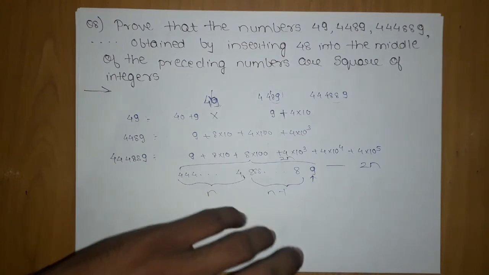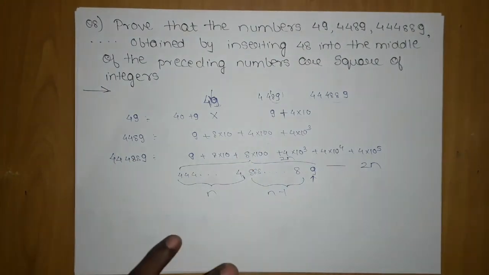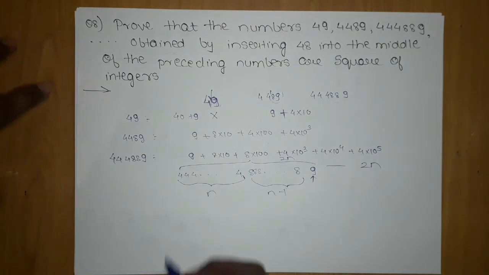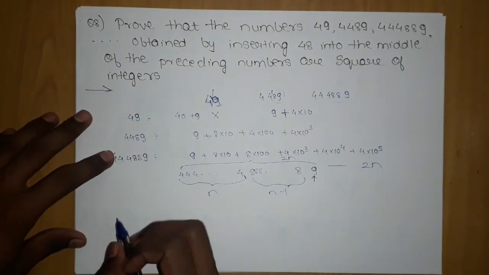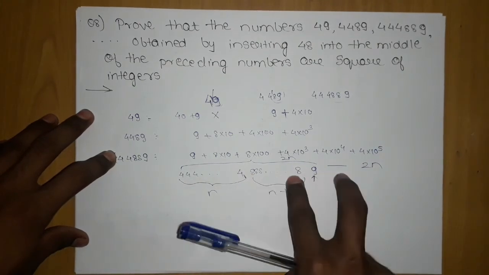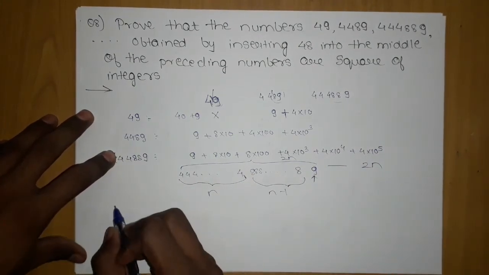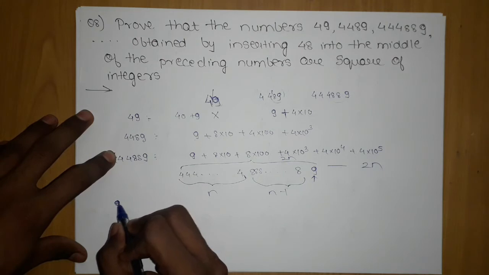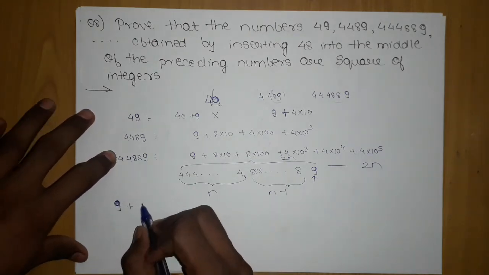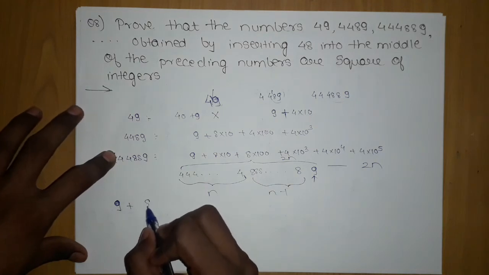If I analyze the last number, then it is true for all. So we will analyze the last one, this one. Now we are analyzing the last term. If I tell this is the sum of 4s, some 444, some 88, then plus 9. So this is nothing but 9. Then if we analyze the 8s, what is it?